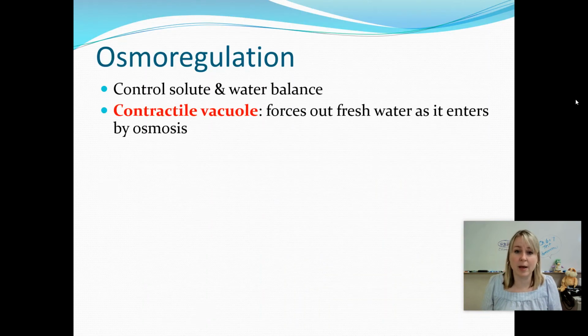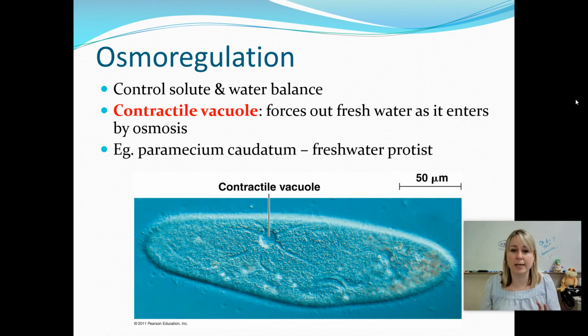We talked a little bit about osmosis and the importance of cells in order to balance their water. Single-celled organisms like paramecium or amoebas have to have ways to balance their water because they might end up in an environment where the solute is not the same or equal as them. For example, freshwater organisms live in a very hypotonic solution.